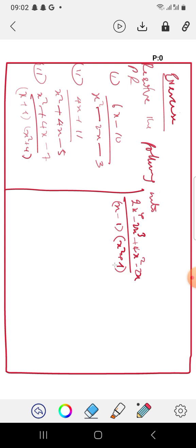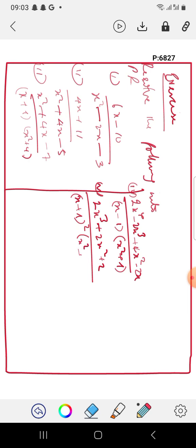All right, number 5. There are 10 questions there, but I'm giving you 5 of them, which should be more than enough. Number 5 should be 2x cubed plus 2x squared plus 2 over x plus 1 squared into x squared plus 1.